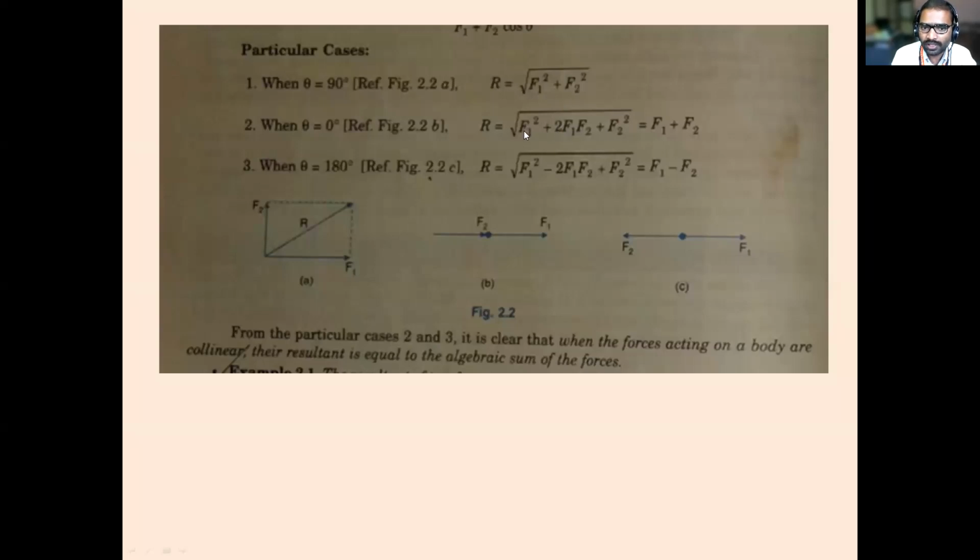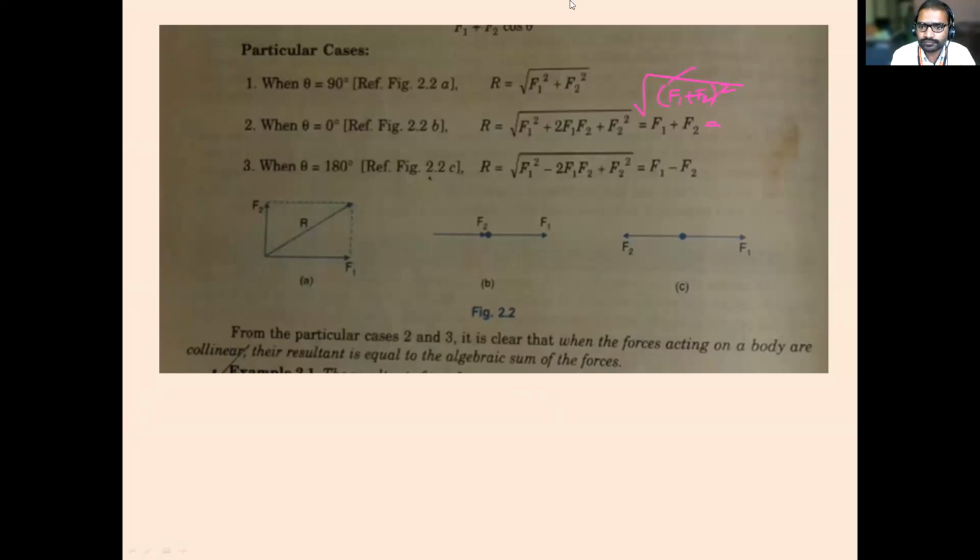Then what is the formula for F1 square plus 2 times F1 F2 plus F2 square? That is F1 plus F2 the whole square. So the whole square is under the root, so the square gets cancelled. That's why the remaining is F1 plus F2.